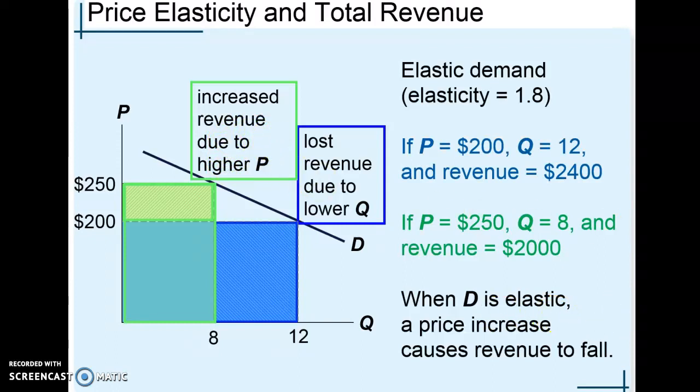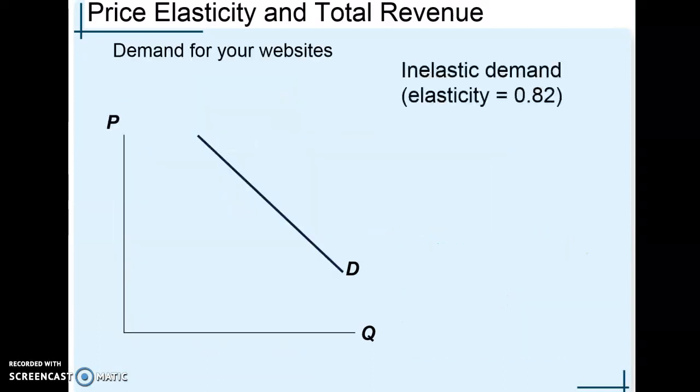So when demand is elastic, a price increase causes your revenue, or your actual sales, to fall. So the difference between $2,400 at a price of $200 and only $2,000 in revenue at a price of $250.